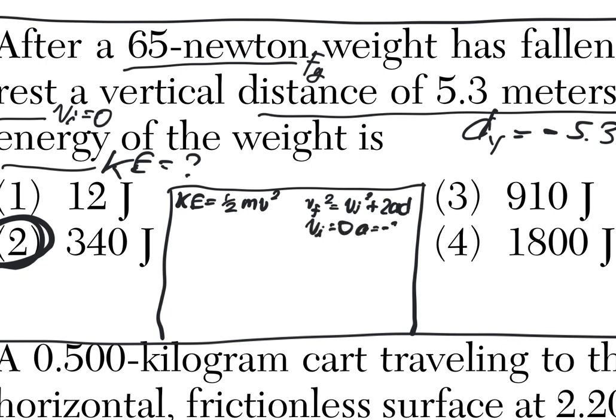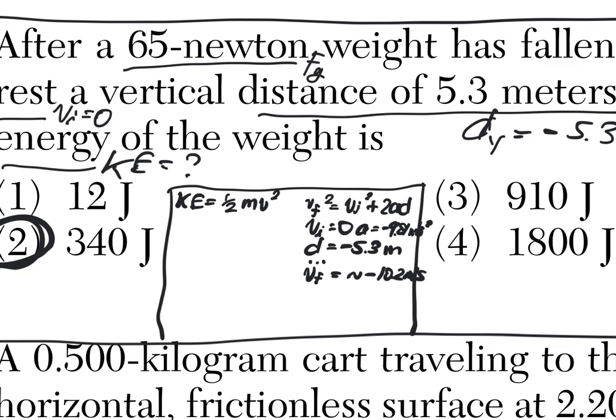A is negative 9.81 meters per second squared, and then D would be negative 5.3 meters. Without going through the math, when you solve that out, you get a final velocity of about negative, even though that's just a question of speed, 10.2 meters per second.